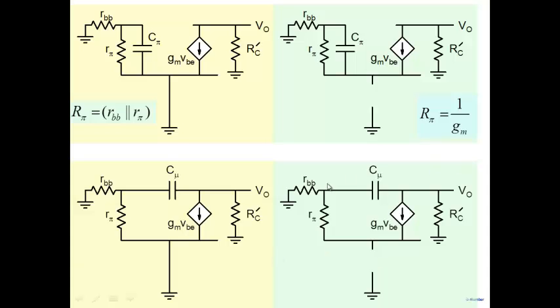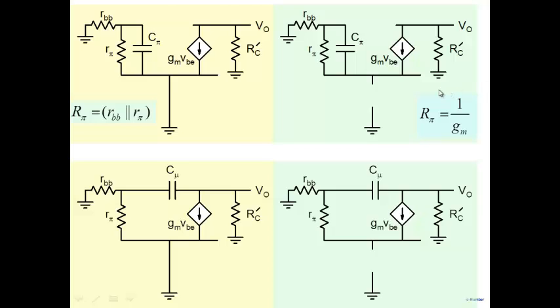Now I'll leave it up to you to see that the impedance that my C mu sees in this case versus this case here. Can you see that one is higher than the other? That the impedance that my C mu sees here is much smaller as compared to impedance seen here. Okay, oh sorry, it's much larger than the impedance seen here.